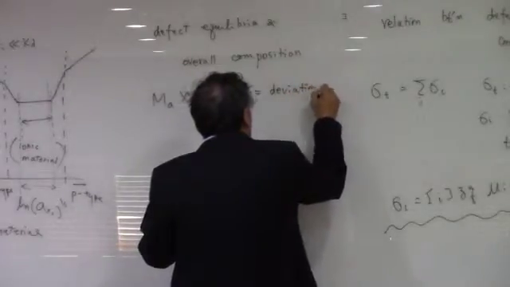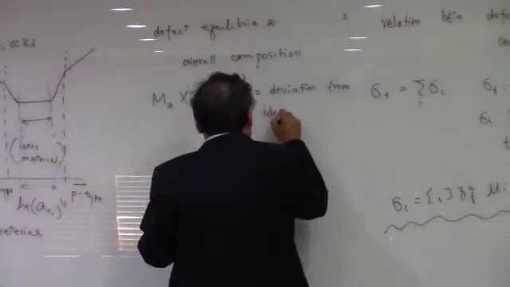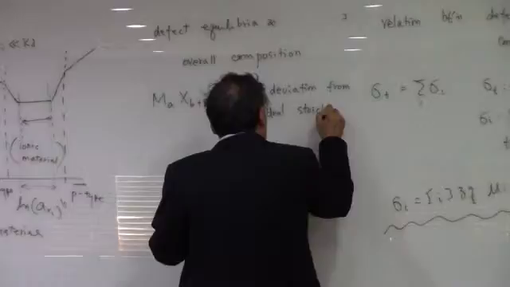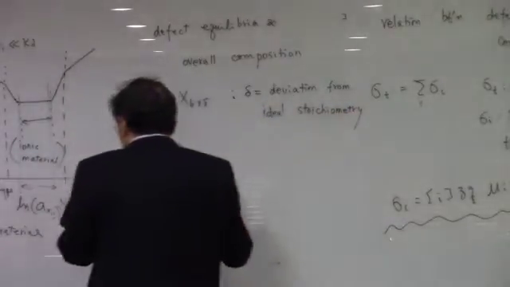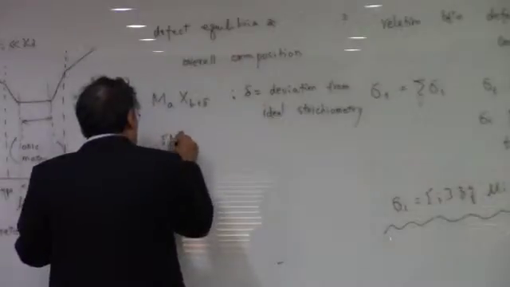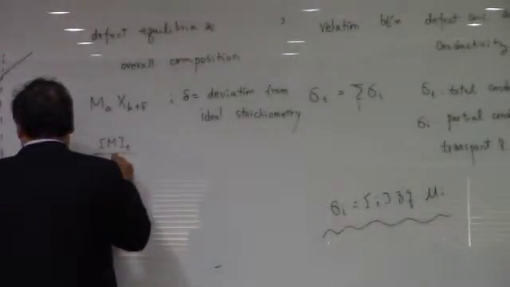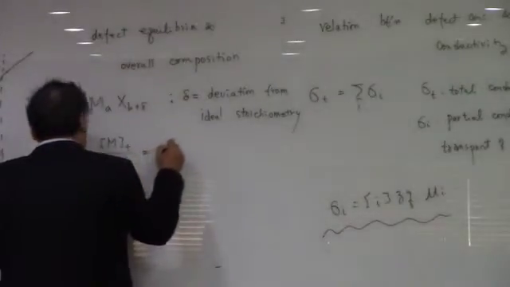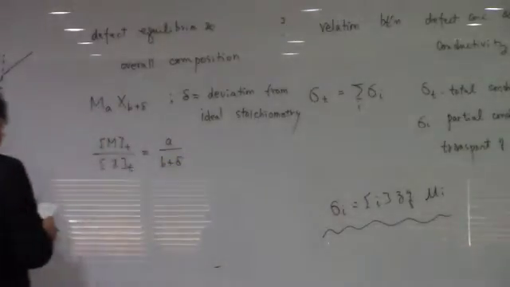Deviation from ideal stoichiometry. Okay, then M X total is of b plus delta.